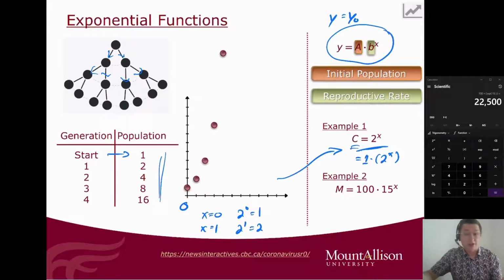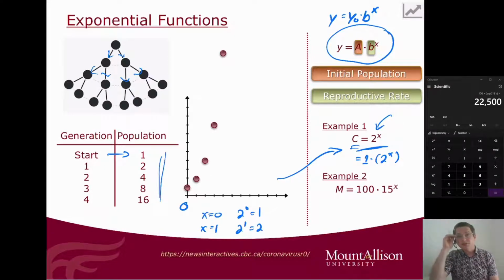So in this case, y is equal to y0 times your base of the exponential to the power of x. So A, or y naught, or whatever, is your initial population, and your reproductive rate, or how much this disease is spreading, is given by the base of the exponential. So in this case, our base was 2.